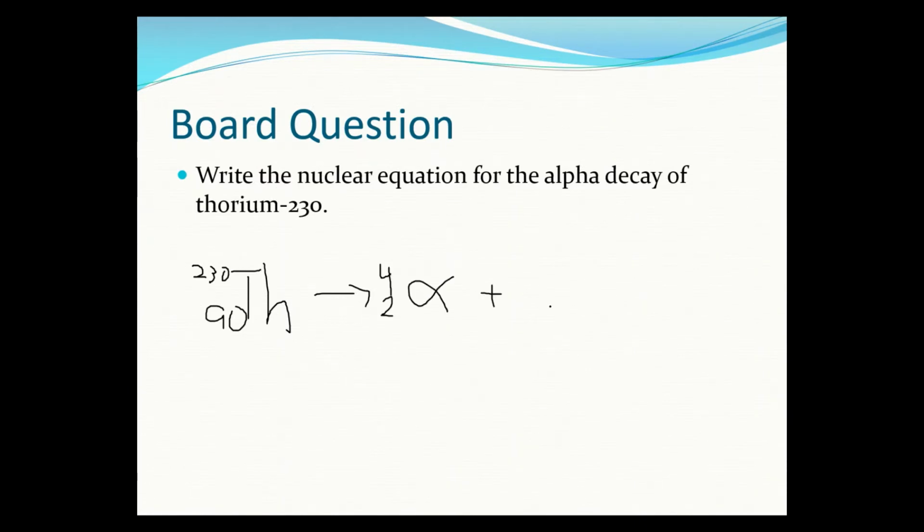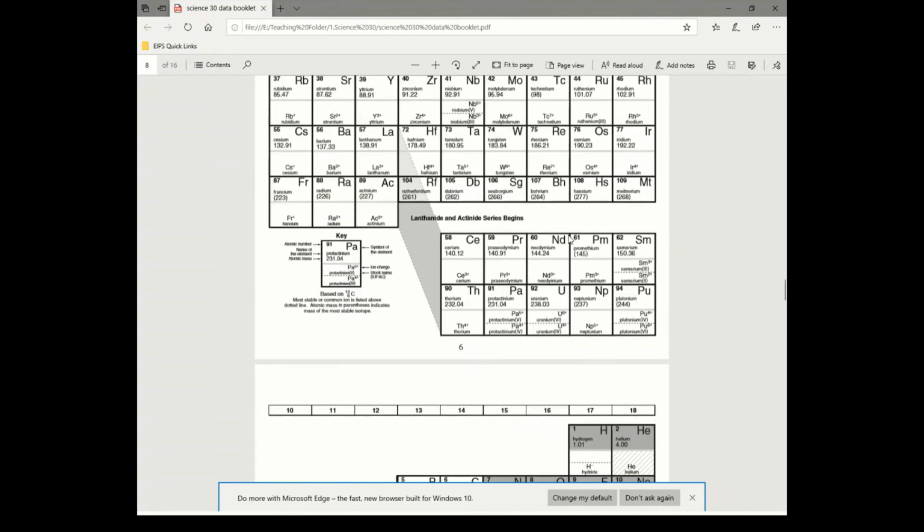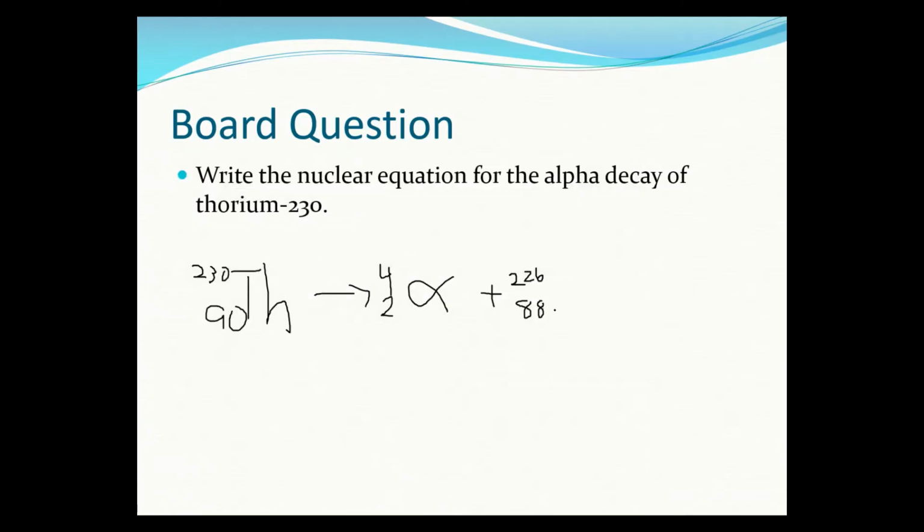And if it emits that alpha particle, if I have 90 and I lose 2, I'm going to be left with 88 on the bottom, and 230 minus 4 is 226. So I'd have to look at what's going to be 88. Yeah, 88 is right here, which is radium, so Ra. That's what I'm left with.